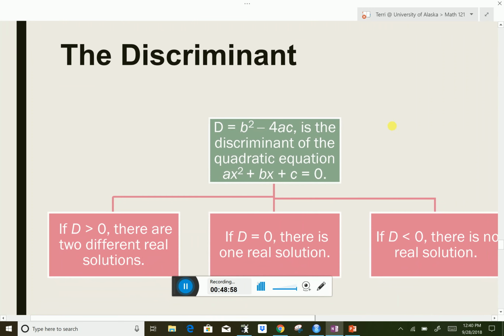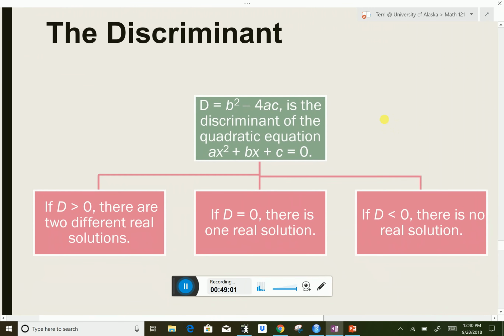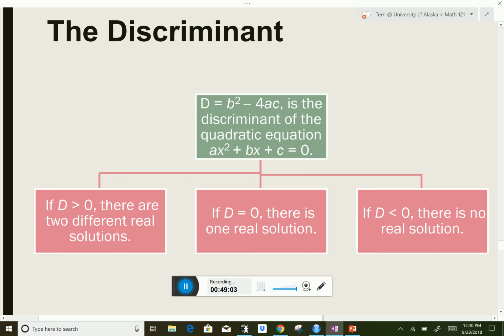So let's talk a little bit about the discriminant, and this is kind of an important piece of the quadratic formula. So d equals b squared minus 4ac, that's the discriminant of the quadratic equation, ax squared plus bx plus c equals 0.